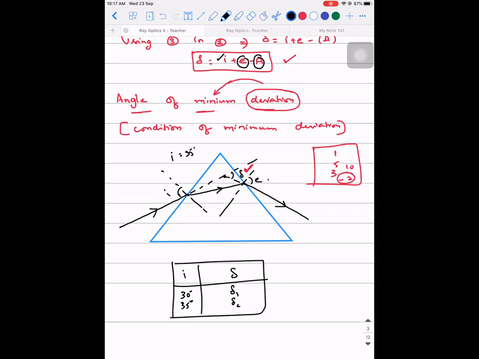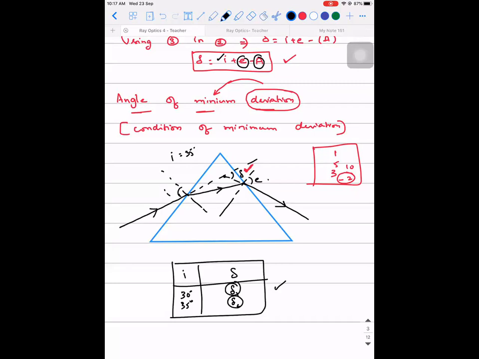So what is exactly happening? By doing this activity, what exactly am I trying to collect? Minimum deviation. I'm trying to collect different values of deviation that are possible, right? So I'm trying to collect different deviations, delta 1, delta 2, like this. That is why we say when you're doing an experiment, you have to repeat it.